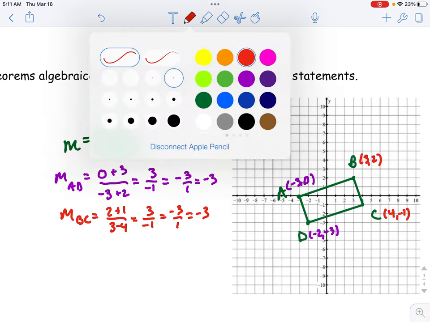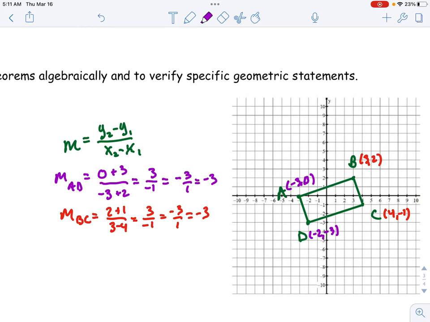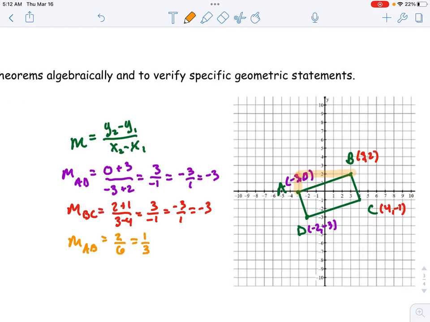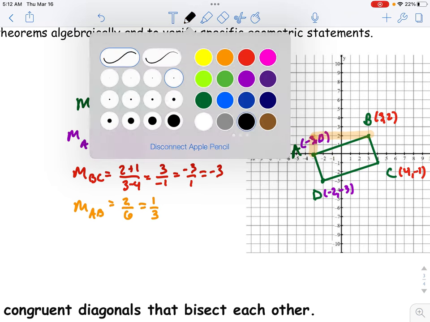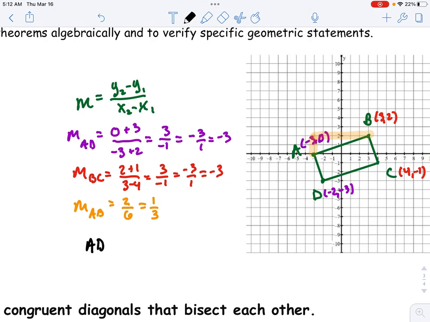Yeah. But that's not the punchline. We need to find all the slopes. Alright. Slope of AB, I'm just going to count. Slope of AB, I went up 2 over 6. So that's 1/3. So then, boom, I immediately know that AD is perpendicular to AB. I know that BC is perpendicular to AB.